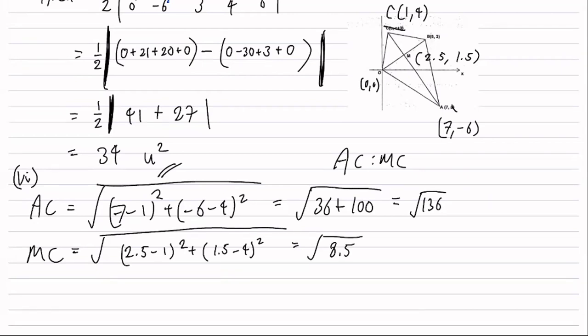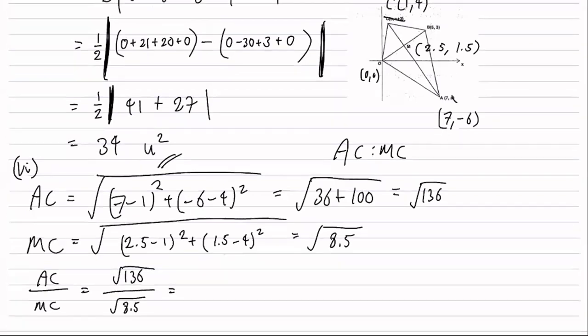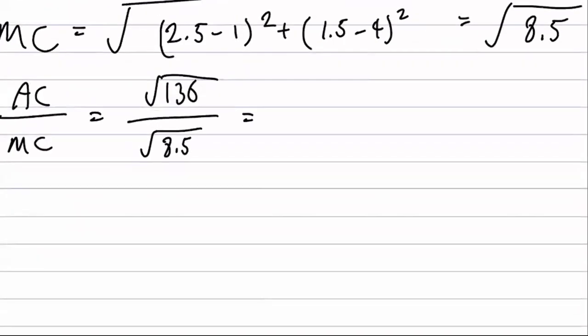Okay, so now we want the ratio of AC to MC. It's just AC divided by MC, which will give us square root 136 over square root 8.5. Actually, maybe we just take the square root of the entire thing. So 136 over 8.5, this one can key in the calculator.